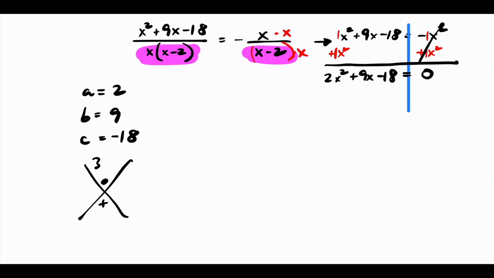There you go. A times C, negative 36, not negative 18. The only time that works is when A is 1. So what do you get? Add up to be 9, multiply to be negative 36. It's going to be 12 and negative 3.